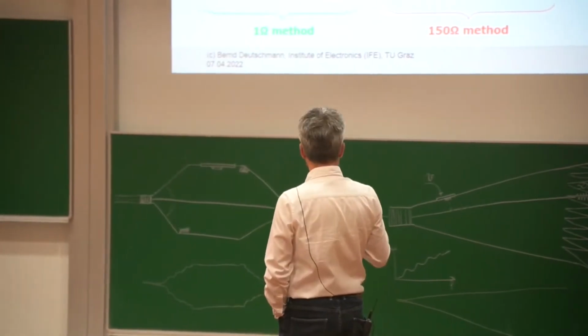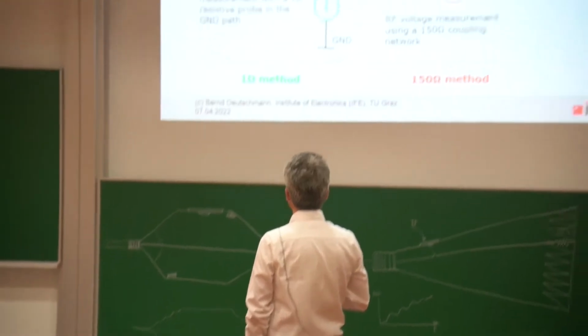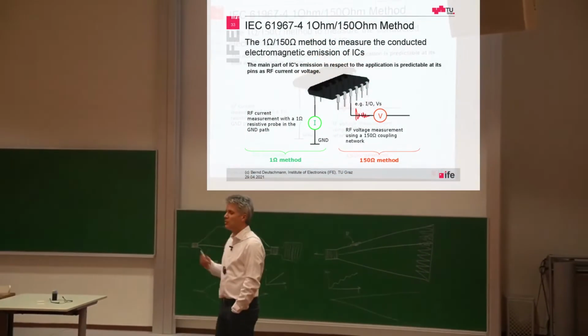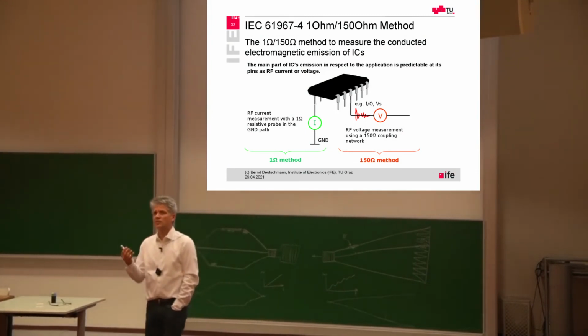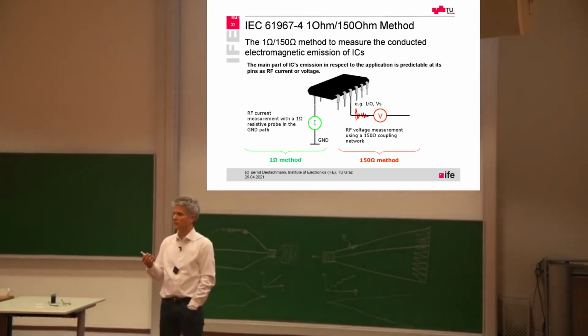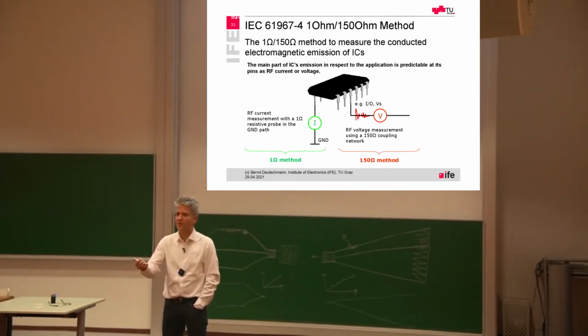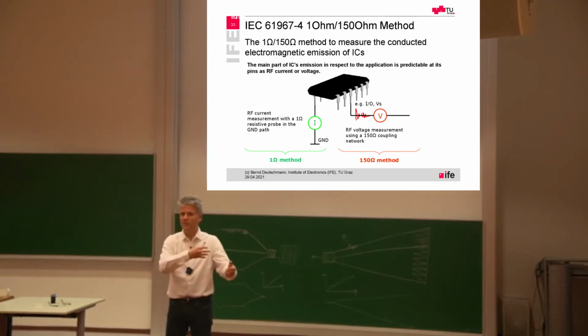Okay. And at the same time, they were also thinking that we should be able to measure most of the electromagnetic emission at the power supply. Why? Because this is where the current flows in and flows out of the IC.